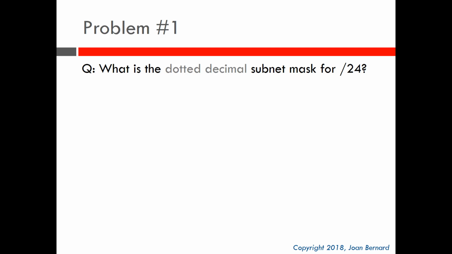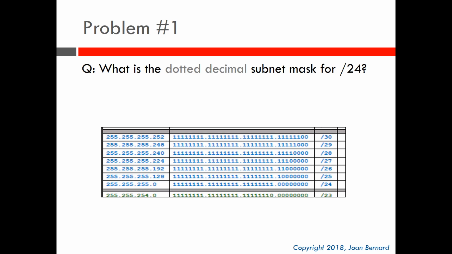Here's the first problem. What is the dotted decimal subnet mask for a /24? If we take a look at the cheat sheet, you should be able to locate the /24 CIDR notation, and then to the left, find its dotted decimal subnet mask.